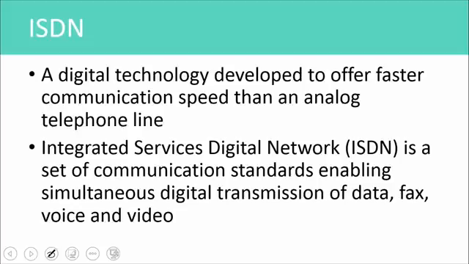But ISDN is a set of communication standards that enable simultaneous digital transmission of data, fax, voice, and video. And so another way of putting this is that it's a converged network because all those services are offered on the same line. And ISDN stands for Integrated Services Digital Network.